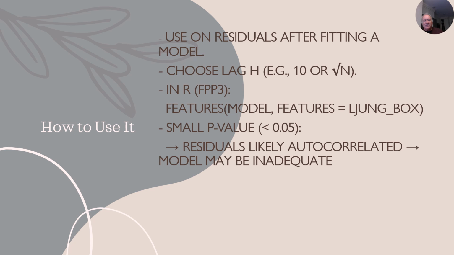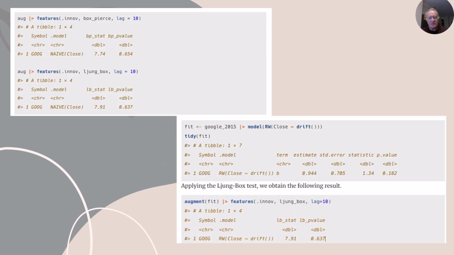So we'll use this on residuals after fitting the model, and we'll choose a lag h. A good example is 10, or use the square root of the number of points you have. And in R, we can use fpp3 and look at these tests for the residuals.